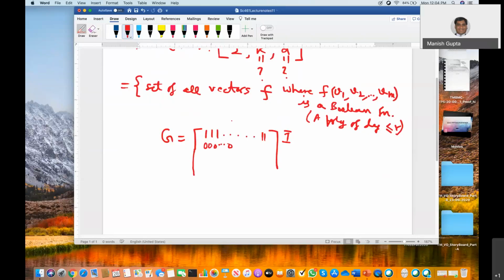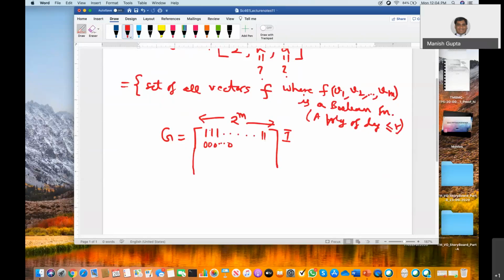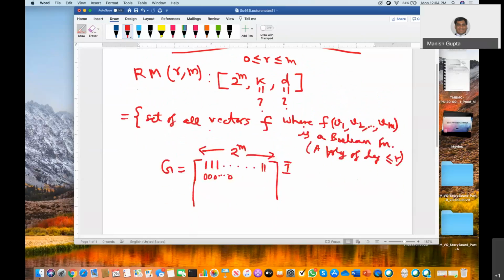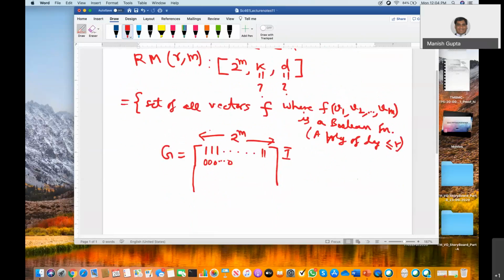So suppose the length of this vector is 2 raised to power m. So the length is 2 raised to power m, and then half of them, that is 2 raised to m minus 1, zeros, and half of them 1. So this we call vector v1.